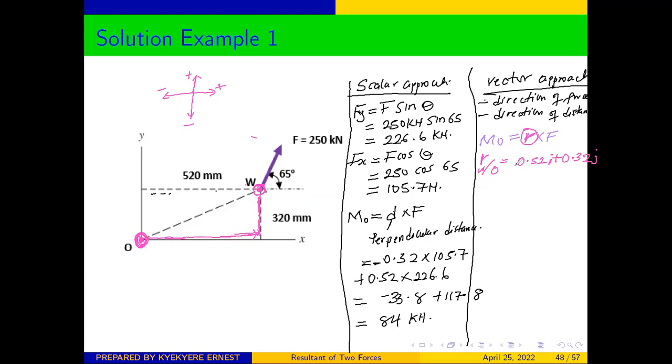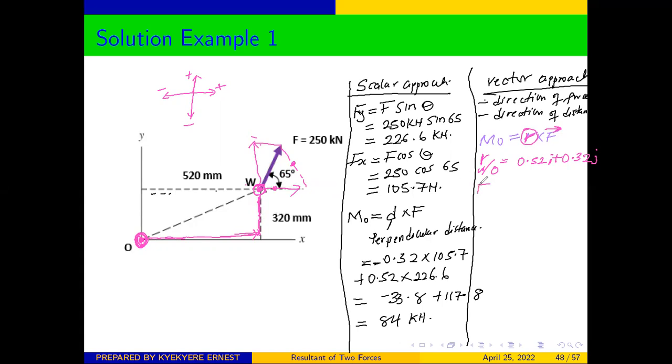What we are left with is to find our force in the vector form. Our force in the vector form will be the X component of the force and the Y component of the force. I have already established that if you complete it to form a rectangle, the side facing the angle, the Y side, is going to be sine, and the X side, because the angle is adjacent, is going to be cos.